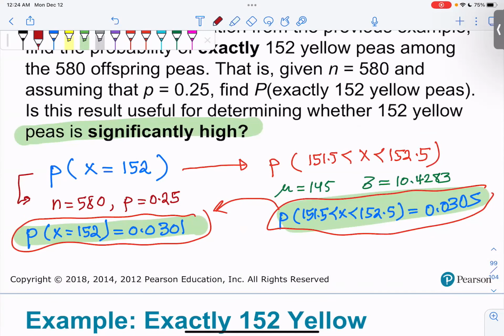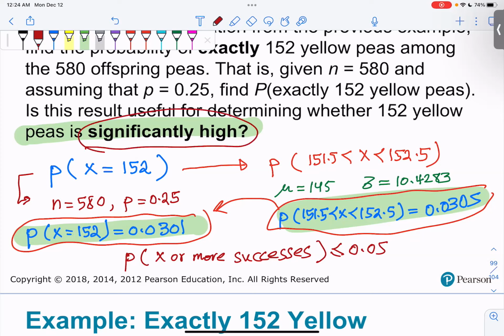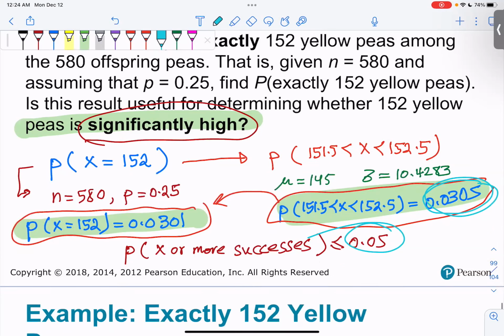Remember we did say that if the probability of x or more successes is less than or equal to 0.05, then we say yes, this is a high number, or significantly high. It's a high number of successes. So clearly you can see this value, which is 0.03, is less than this 0.05. Then we say yes, this is a high number of successes.